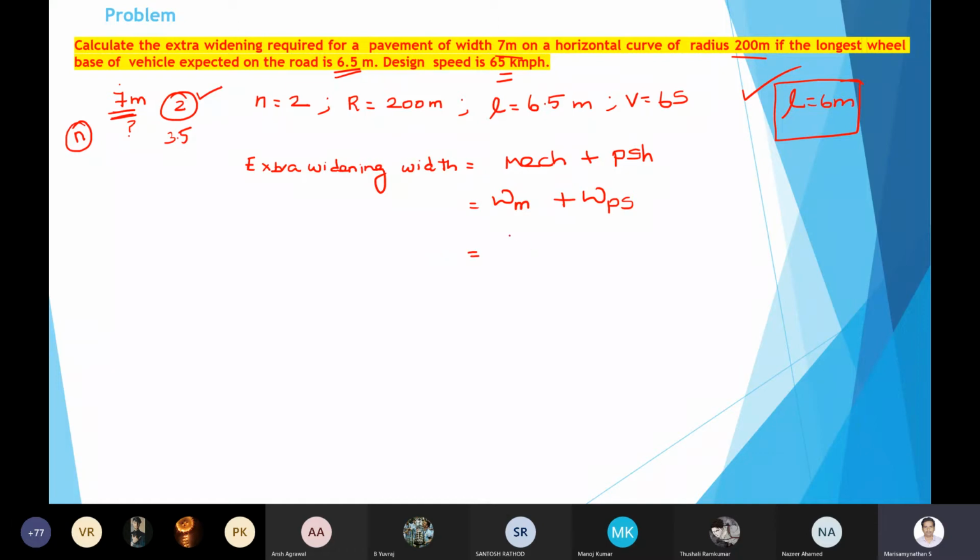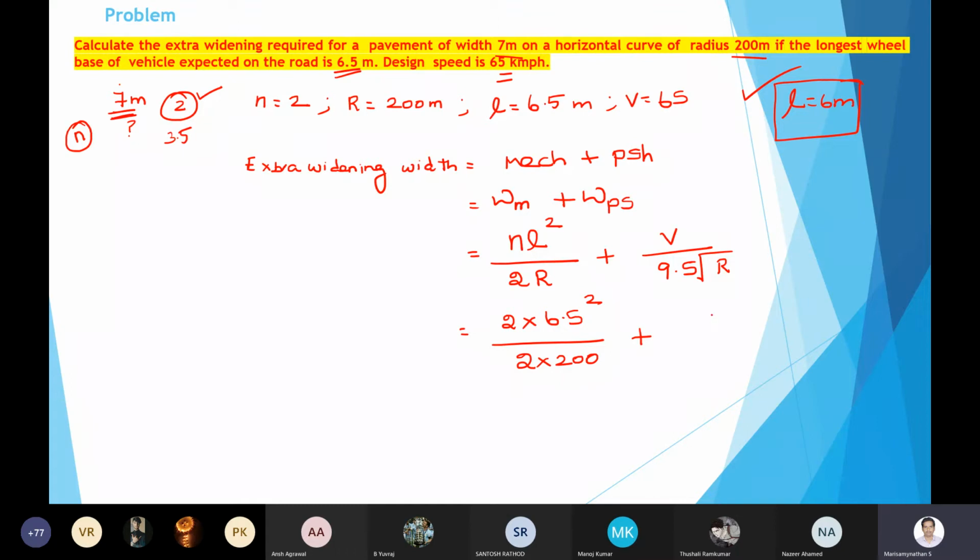Then the simple equation we have derived: N into L square divided by 2 into R plus V divided by 9.5 into root R. So N is 2 for the 2-lane road, length is 6.5 meters square divided by 2 into radius 200 meter, plus V is the design speed 65, divided by 9.5 into root of R, where R is 200.